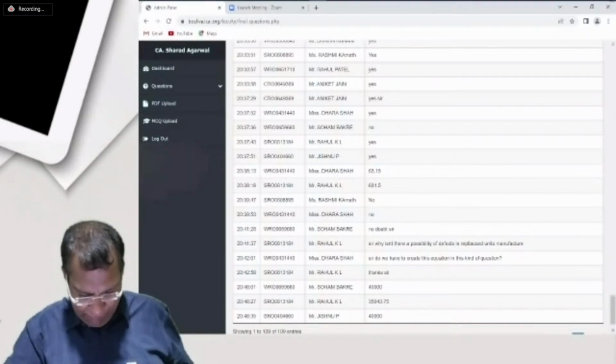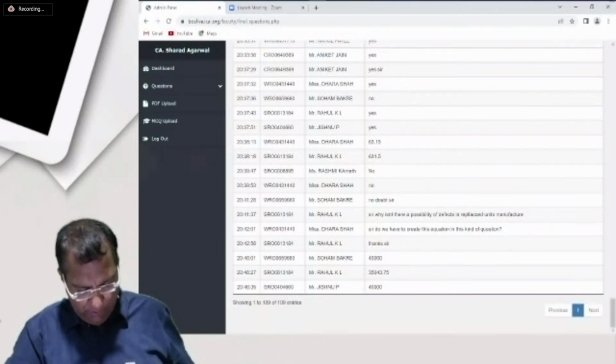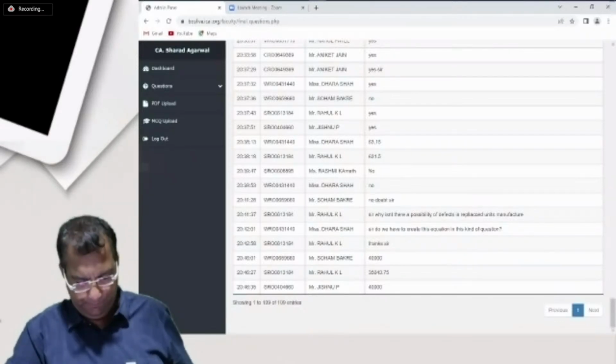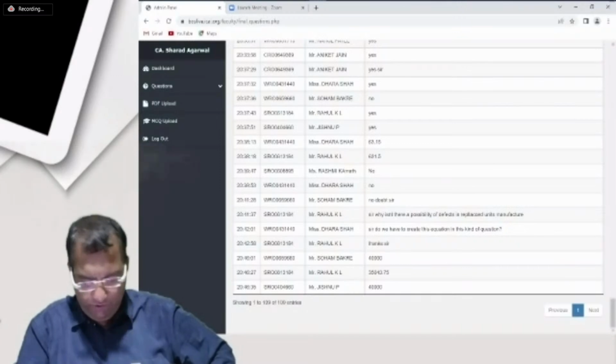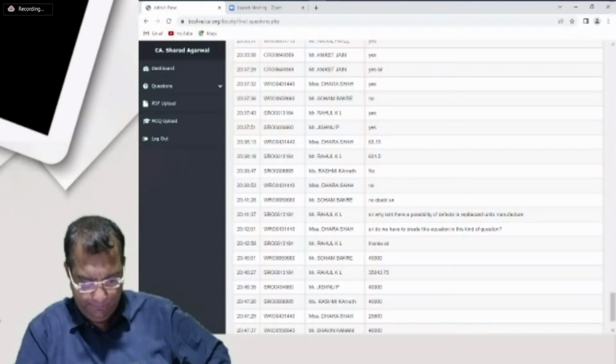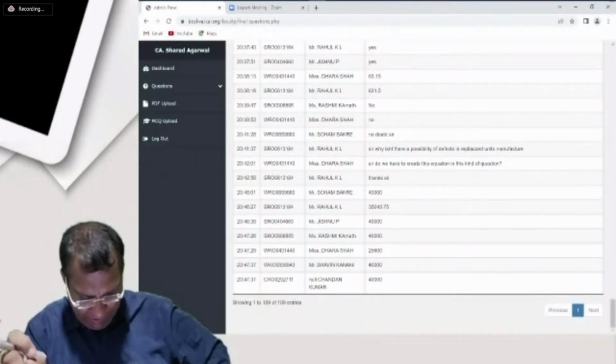Rahul beta, please reconsider your answer. I don't think it's the correct answer. Okay Jishnu, other students are waiting for your answer. What is the total amount of units that has been manufactured? Dhara Shah beta, please reconsider your answer. That is not the correct one.